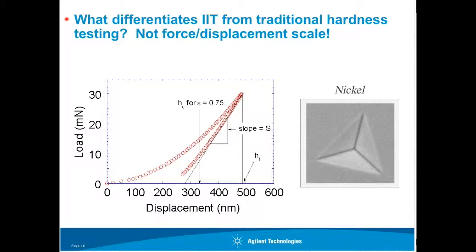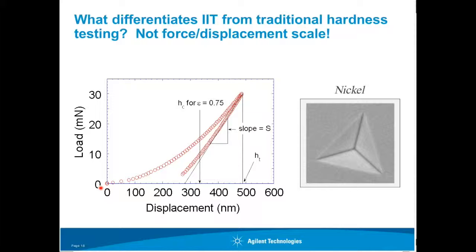What makes instrumented indentation different from traditional hardness testing is the continuous monitoring of force and displacement for the entire time that the indenter is in contact with the material. In a traditional hardness test, you apply some force and then you have one measure of displacement.